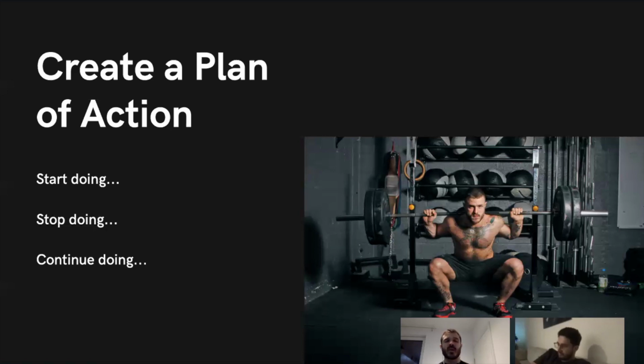So again, 1 to 3 things, because you don't want to overwhelm yourself. So start doing, perhaps I'm going to start tracking my calories and making sure I'm in a calorie deficit, and I'm going to start weighing myself every week, right? So this is like 3 things I can start doing for me to lose the fat. Stop.